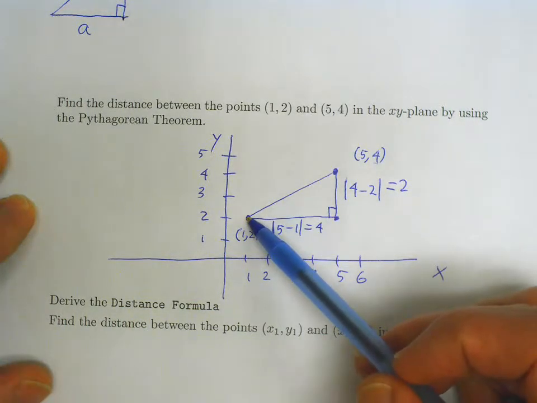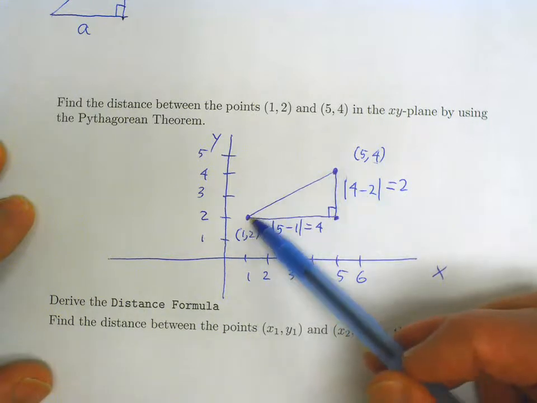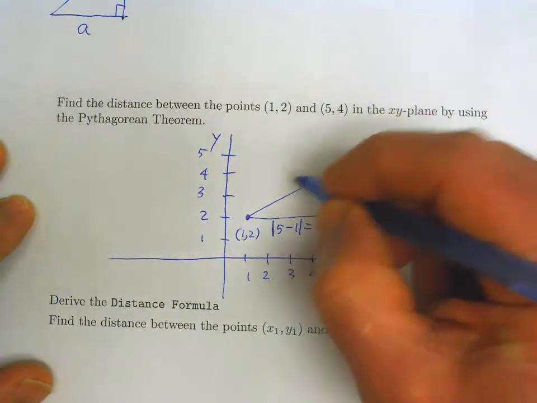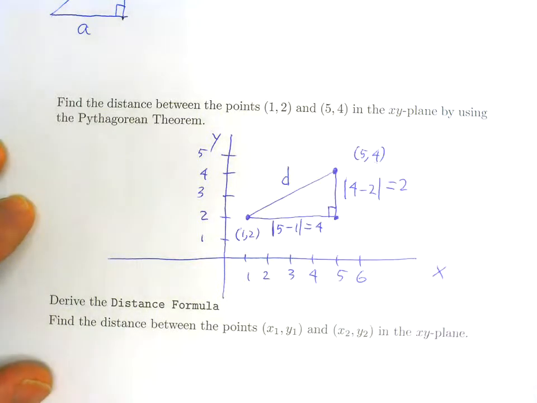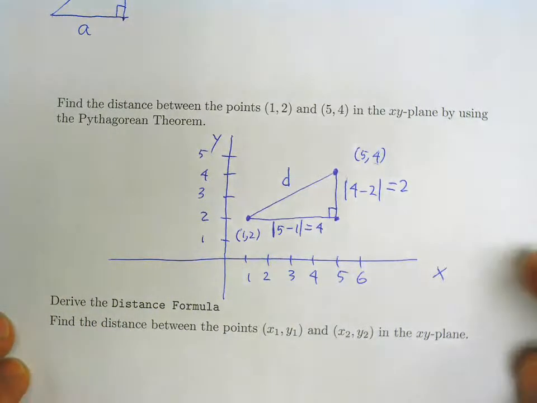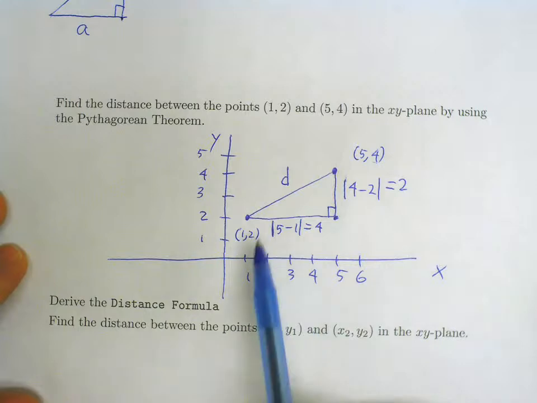Okay, we're trying to find the length of the hypotenuse. The length of the hypotenuse is the distance between those 2 points. So I'm going to label the hypotenuse d for distance. And then we apply the Pythagorean theorem to this right triangle.